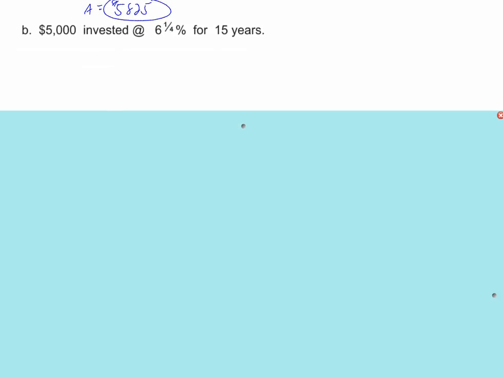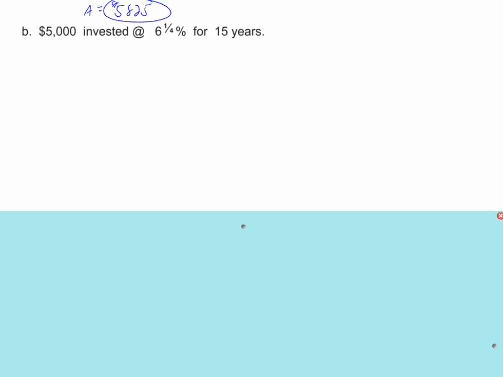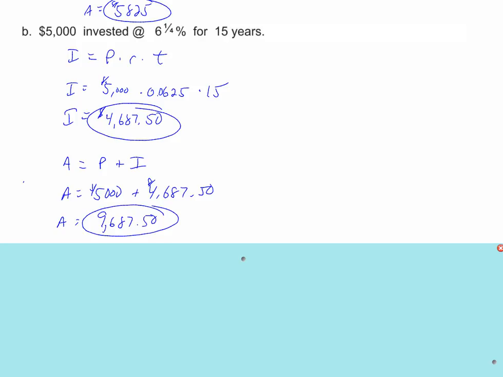All right, one more example. Do this one. Now you have an investment, $5,000. You were able to get 6.25%, and it's a 15-year investment. Tell me how much money the account has after those 15 years. Again, I'll pause the video. Here's why families are in trouble in America today.